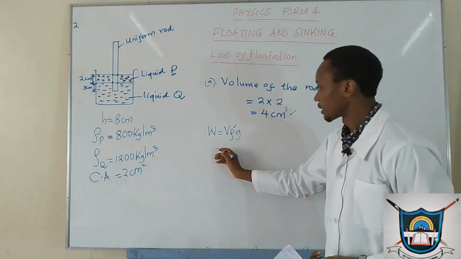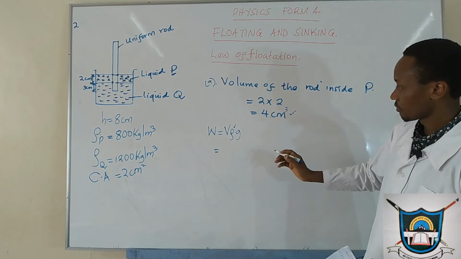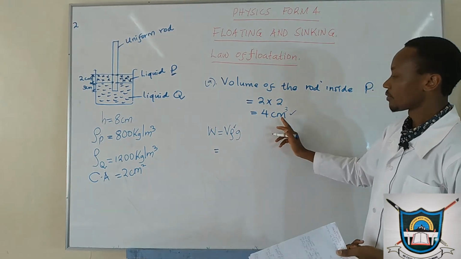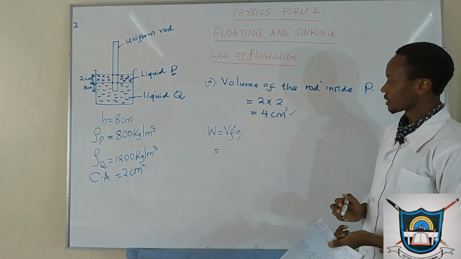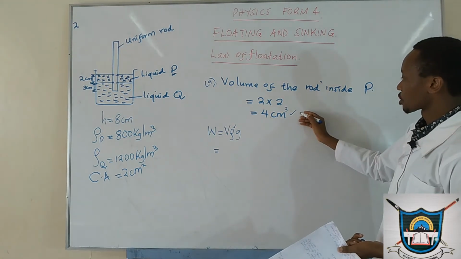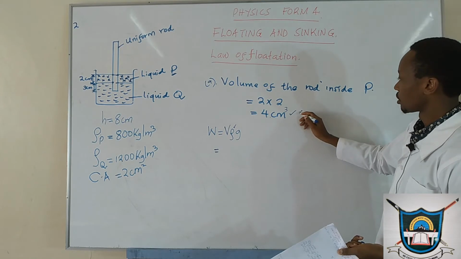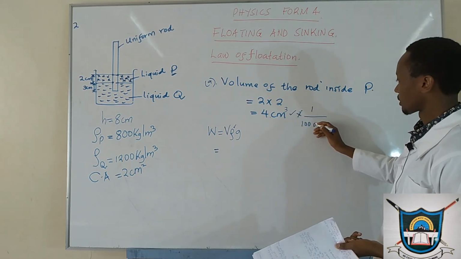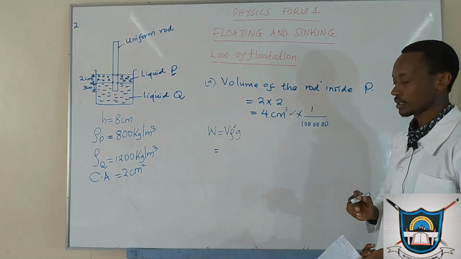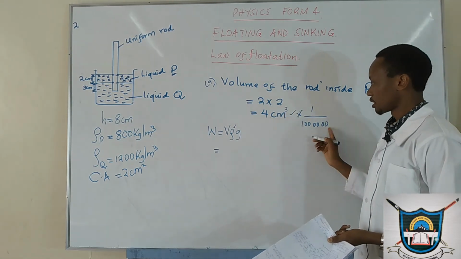So we can solve our question very easily. What is the volume? Convert this into cubic meters. If you want to convert this into cubic meters, you are supposed to multiply by 1 over 1 million, that is 100 times 100 times 100, so that you convert cubic centimeters into cubic meters.